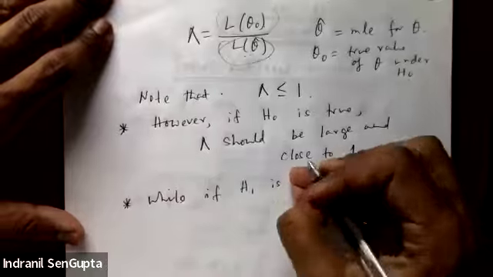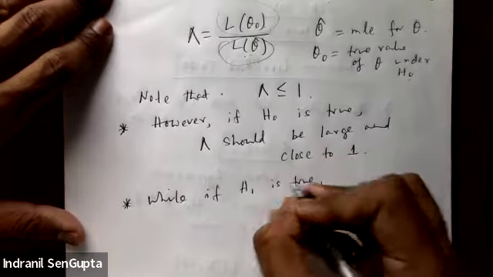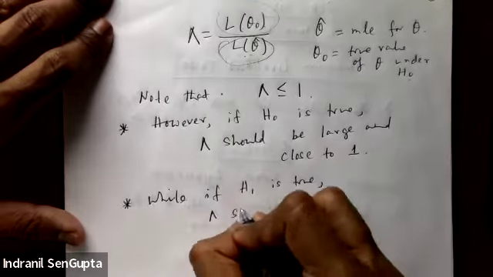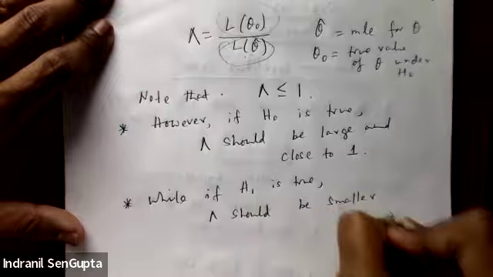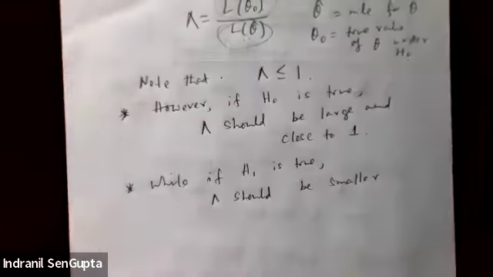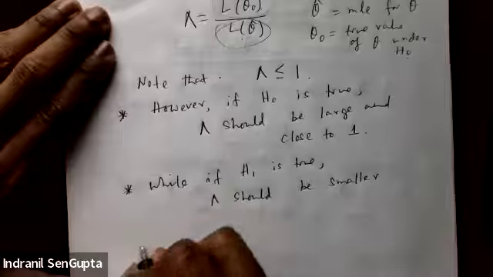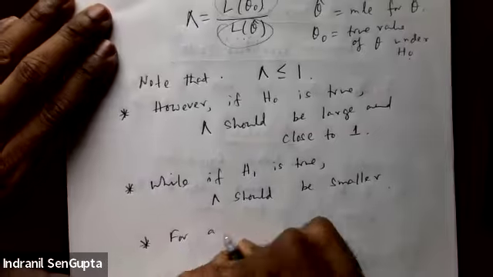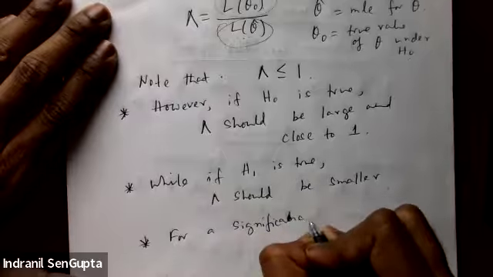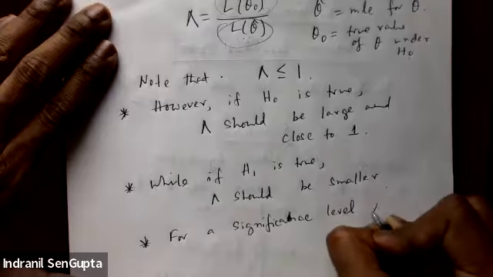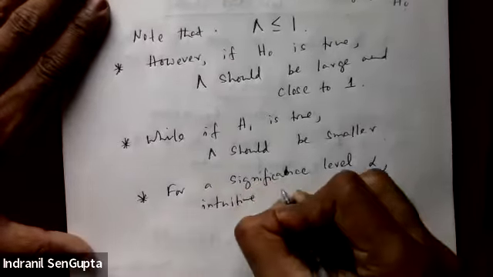While if H1 is true, then this lambda should be smaller. That's the way we'll be testing. So here, for a significance level alpha, here is the intuitive decision rule.